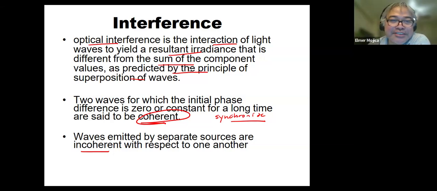Has any one of you used a laser already in your life, except the laser pointer, okay? I think most of you have used a laser pointer, but I mean the laser that is used in research, it's not the same as the laser gun, okay?